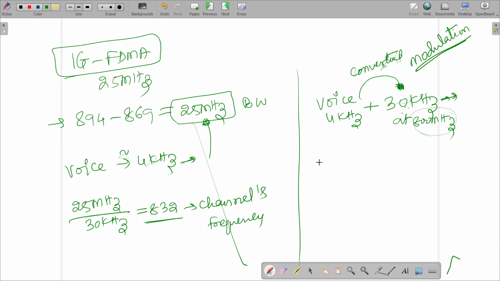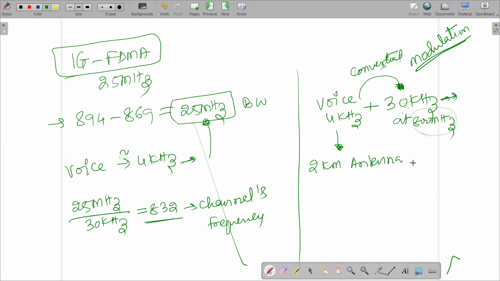So there is again a theory to transmit this one, right? If we wanted to transmit this 4 kilohertz signal, at least we need a 2 kilometer antenna. It is not at all possible to construct.